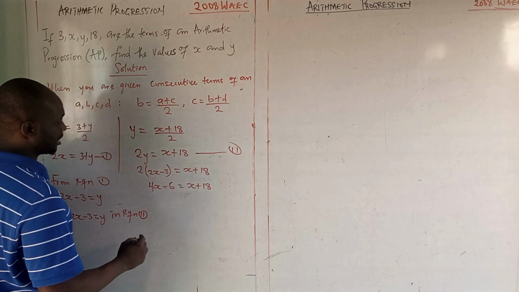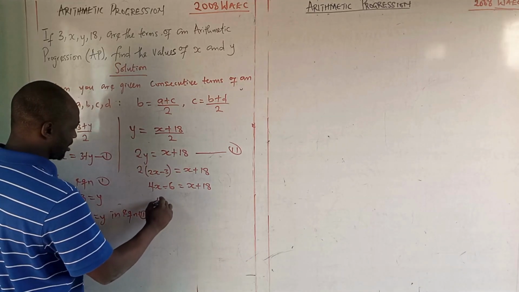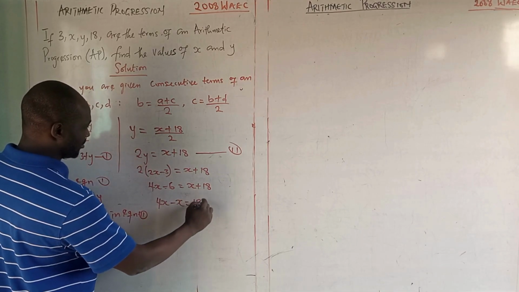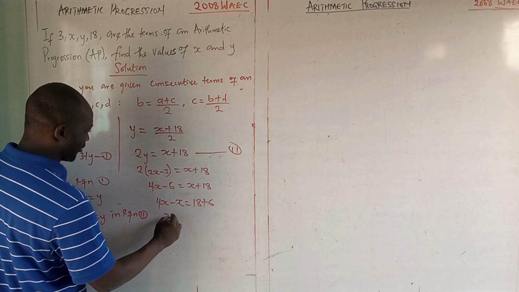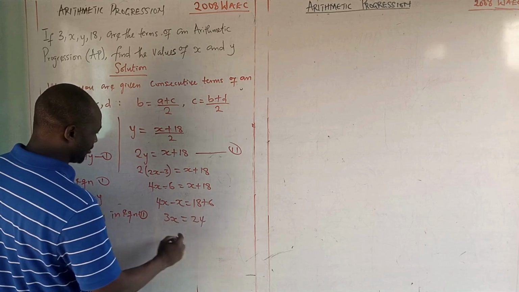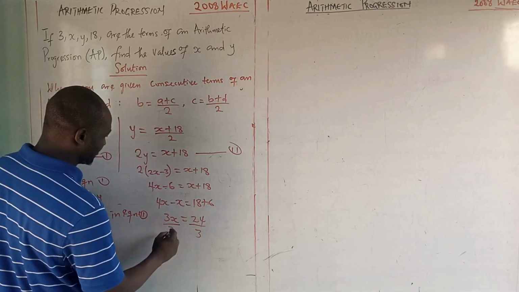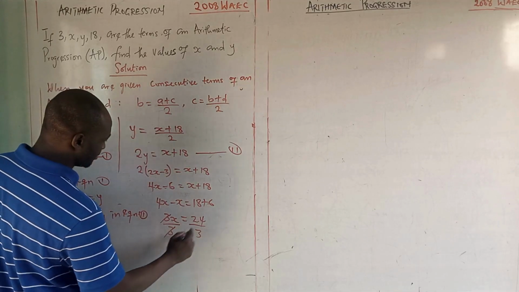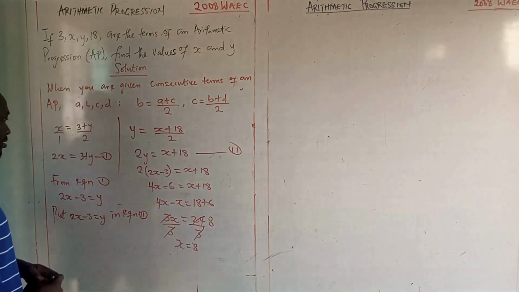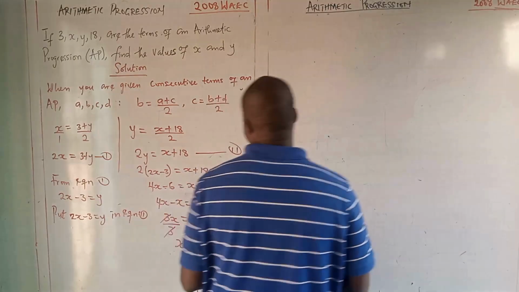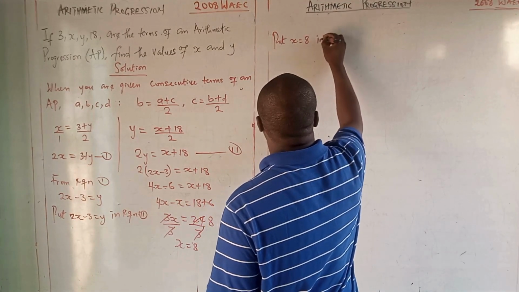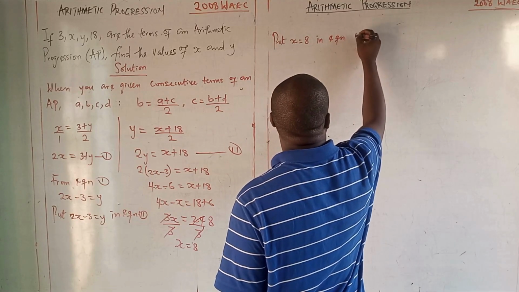Now, collecting like terms means 4x minus x equals 18 plus 6. That means 3x equals 24. Divide both sides by 3. That means x equals 8. Now, put x equals 8 in equation 1.